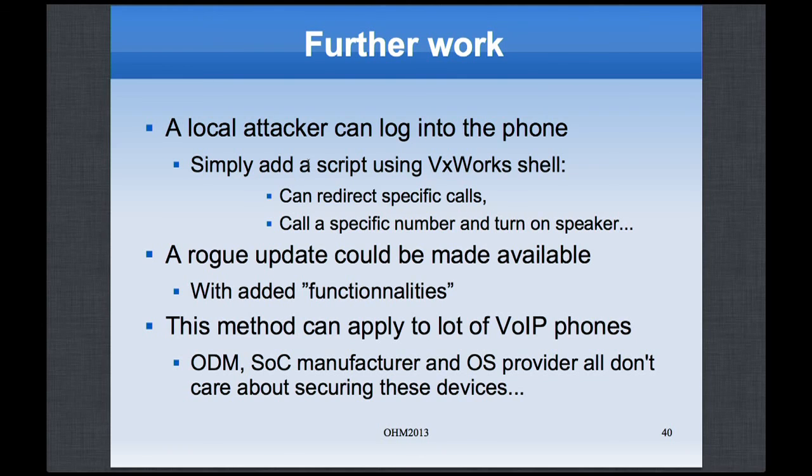Also, you can do a lot of things since you own the phone of someone else. Also, the rogue update can be used to add some functionalities. So still, like large-scale spying in a company, for example, because if you push an update, all the phones in the company will have the same update.